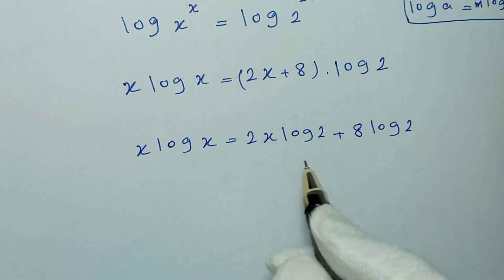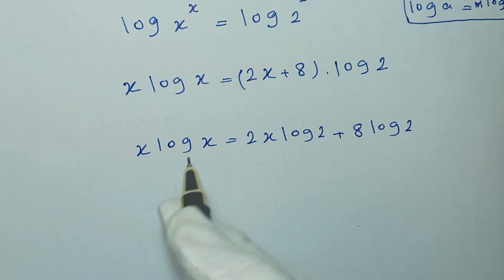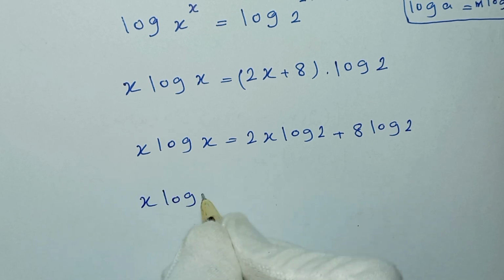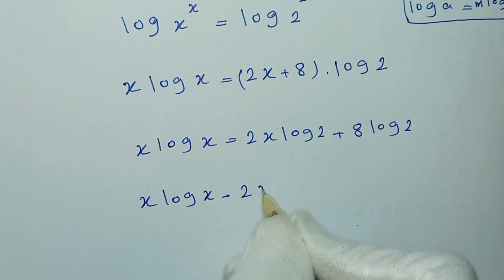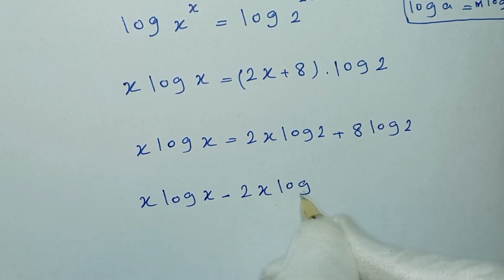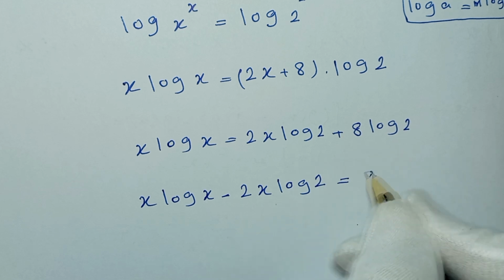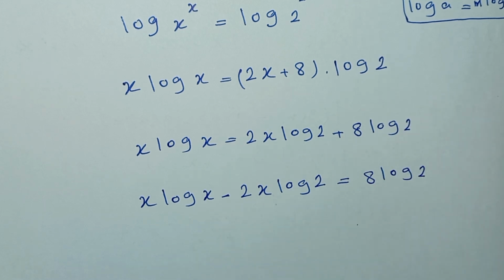And in the next step, we take this 2x log of 2 to the left side, so it will be x log of x minus this 2x log of 2 is equal to this 8 times log of 2.